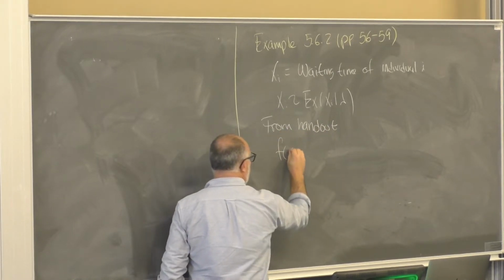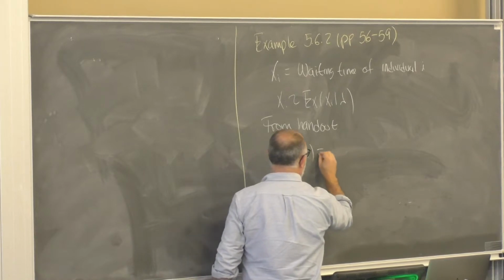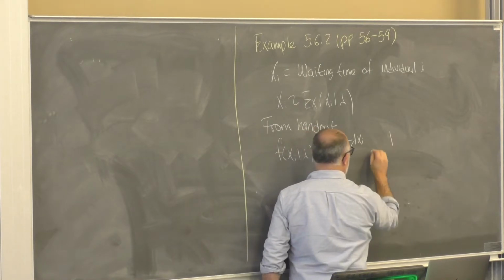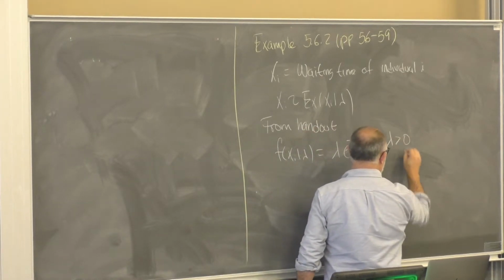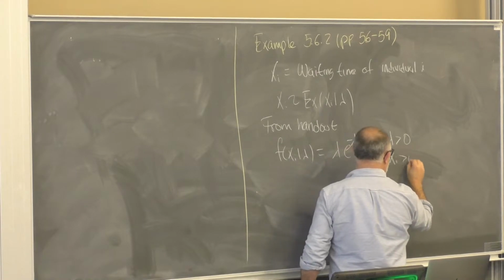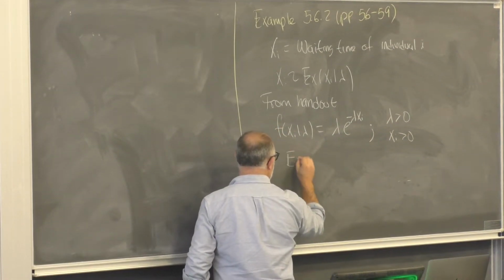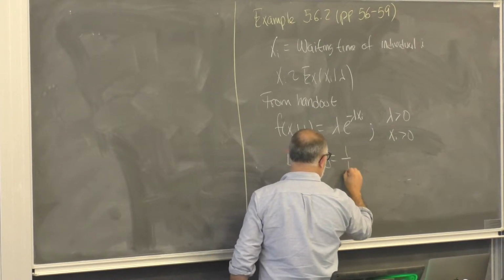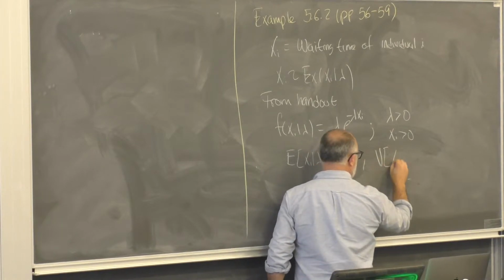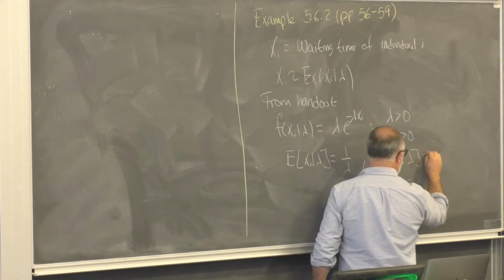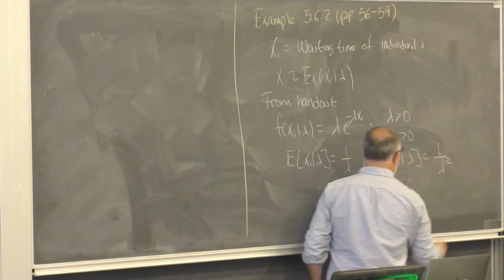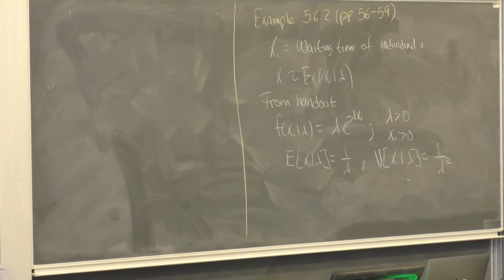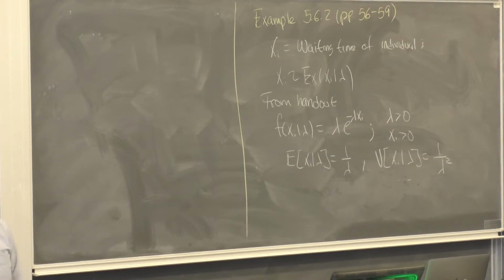Okay, so from the handouts, we know that the PDF of each x_i is that function over there, and we also have from the same handout the mean and the variance.